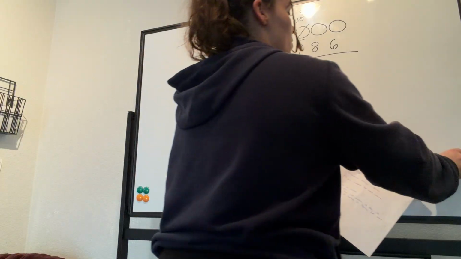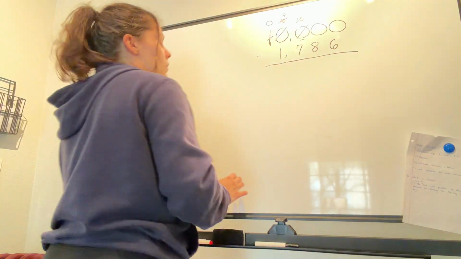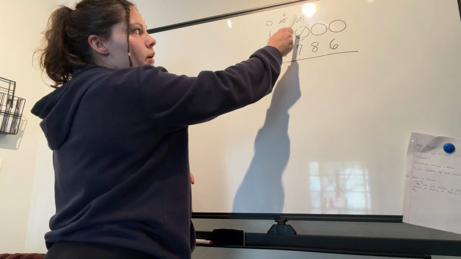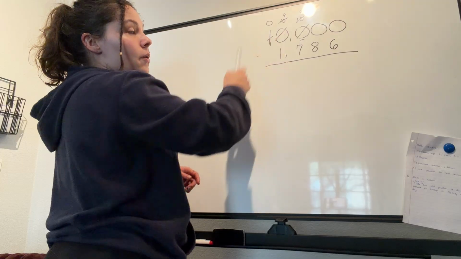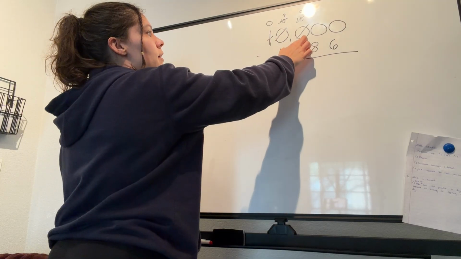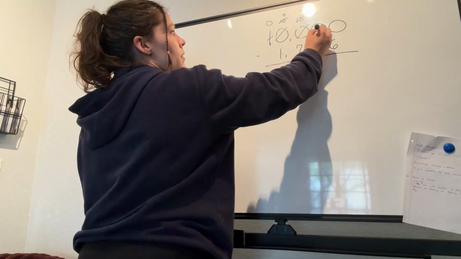So we had 10 $100 bills. We took away one of the $100 bills, so now we only have 9. Now we're going to move over to the next place, which is the tens place.